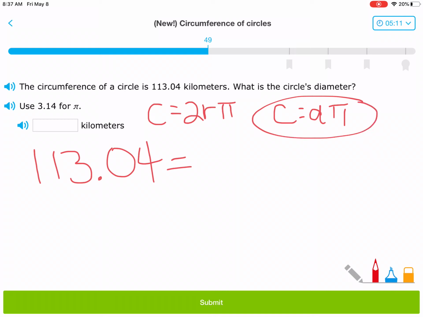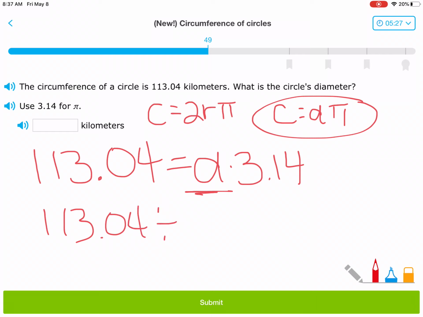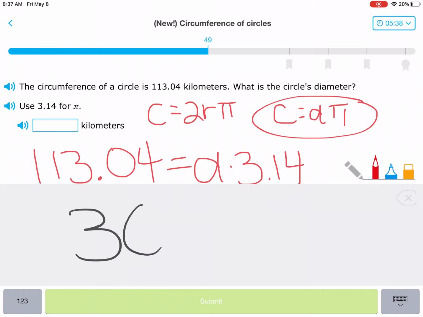This formula. Okay, so that's the one I'm going to use, the diameter times 3.14. So if I want D by itself and it's being multiplied, the opposite is to divide. So it is 36.